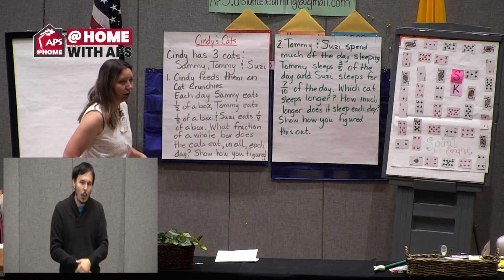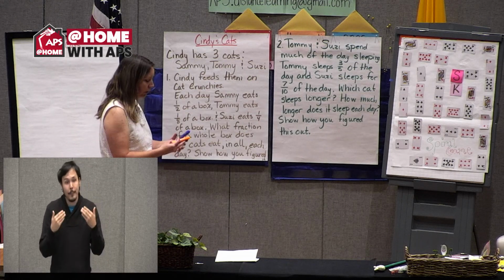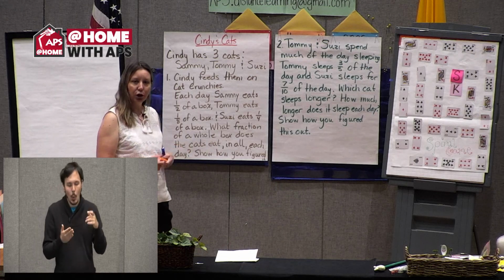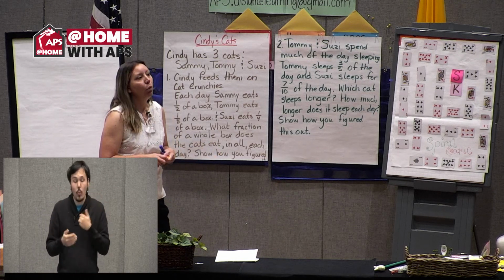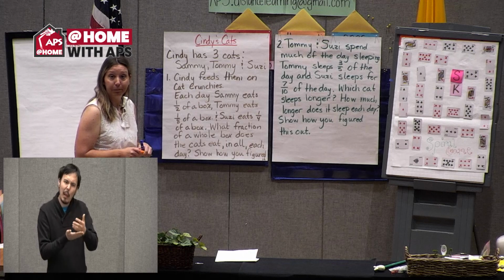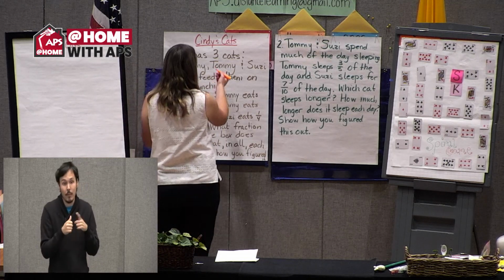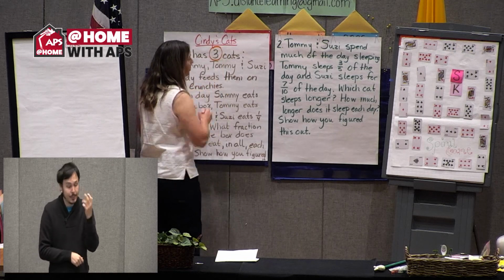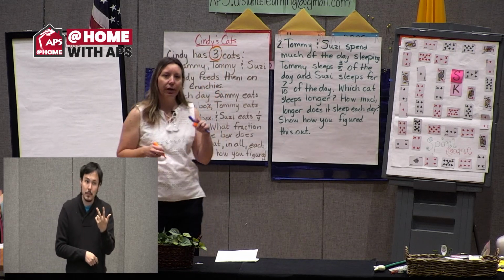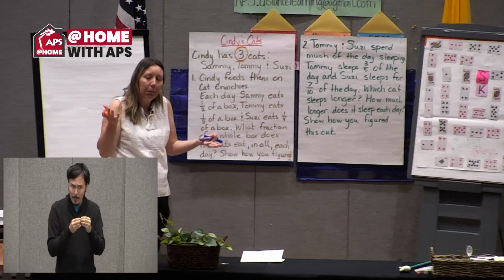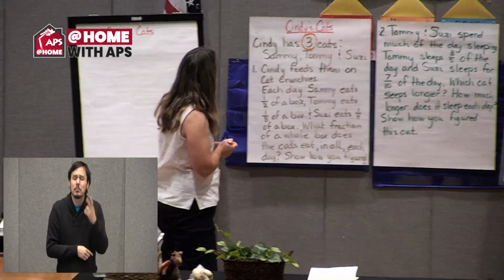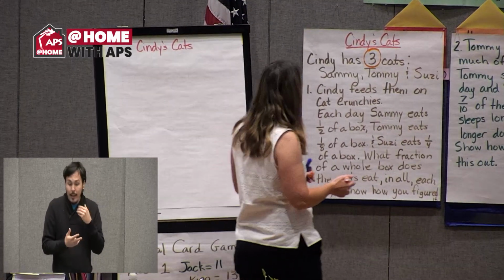All right, so let's bring out our markers and let's go ahead and mark this up so we know what we're working with. What are some quantities that we have? All right, the first thing we know is we have 3 cats. So is that going to be a number that we're going to need later? Let's see. All right, we know we have a half.